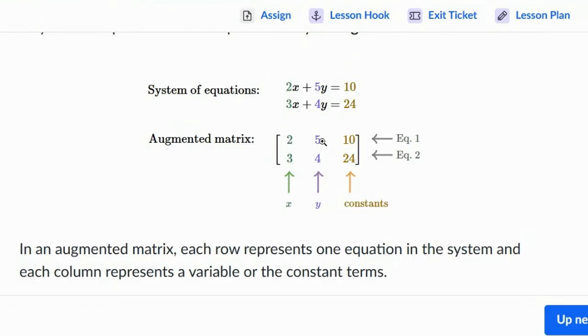So that establishes that this is the x column. All the coefficients for the x's will go in this column. The second equation has 3x, so it goes in the second row under the x column, 3x. There's 4 in the y column on the second row because there's a 4y in the equation.